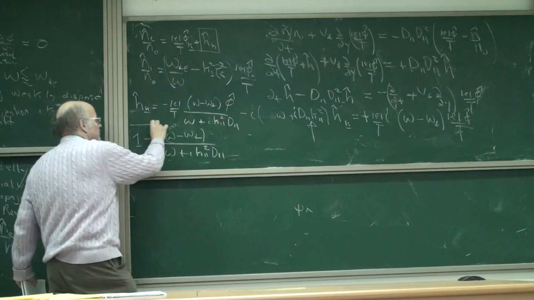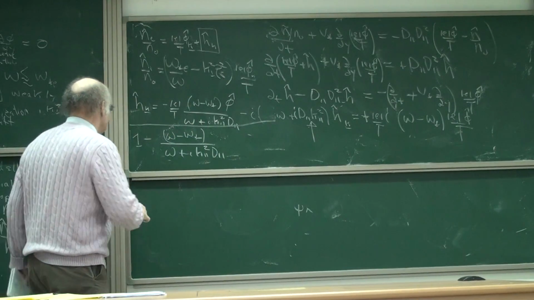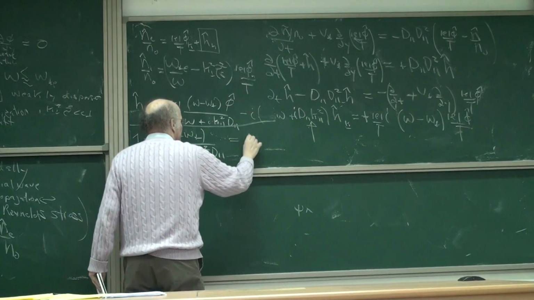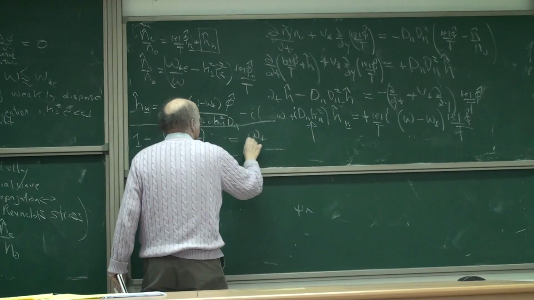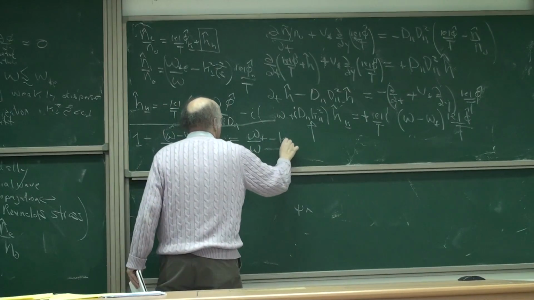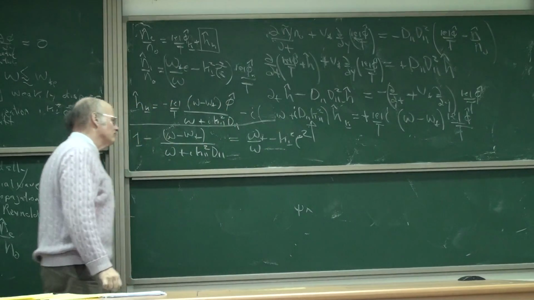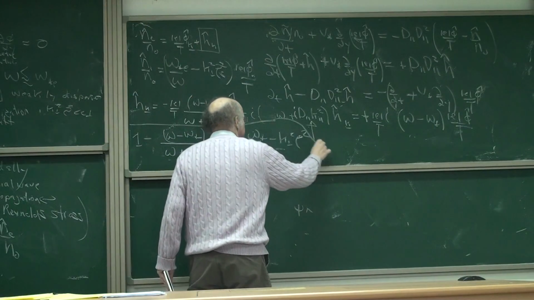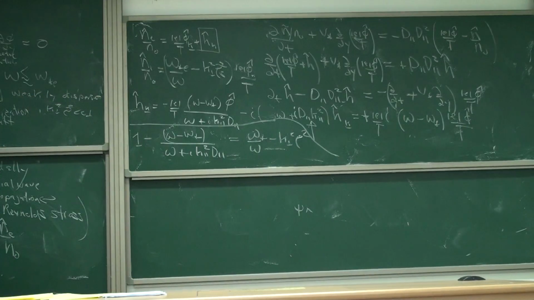Let me put this in like this. And this is just n_e, this has to be equal to n_i. And then this thing is equal to omega star over omega minus k perp squared rho squared. Okay. Right, and that's kind of our linear instability condition.